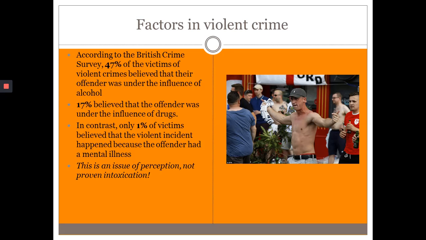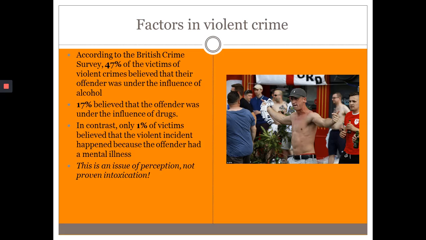So they may have based that perception on some kind of material experience, or perhaps they were both at the pub at the same time and they'd seen the person who eventually attacked them having a few pints or whatever, so they may have known for a fact that they were drinking. But also on some of those occasions it may just be an assumption based upon the apparent behaviour. Staggering around, slurred speech, all the usual things, the apparent behaviour of the individual.